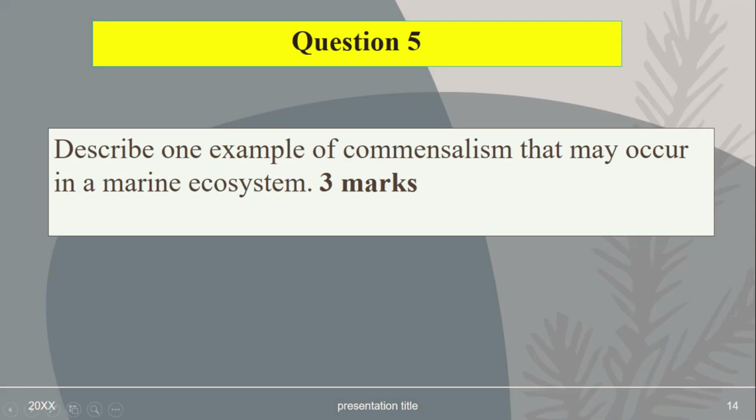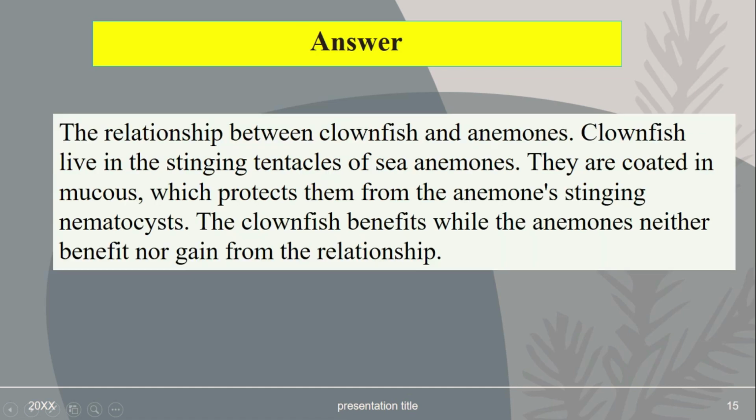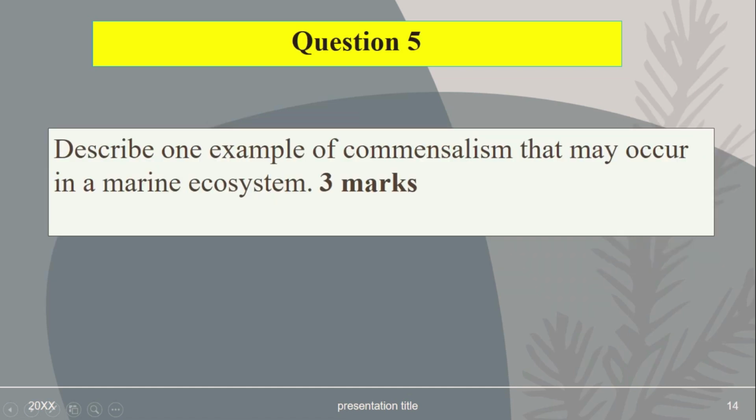All right, let's continue. Question 5 says, describe one example of commensalism that may occur in a marine ecosystem. Now the term commensalism is an interaction between two or more organisms. It is an example of symbiosis.